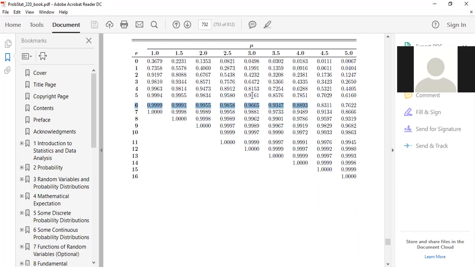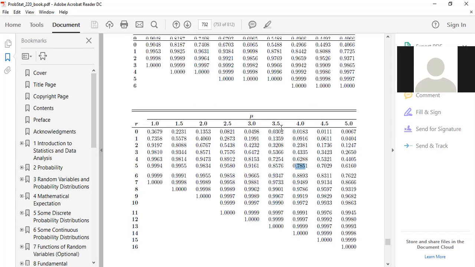Now r equal to 5 and here it is 4: 0.7851. So 0.8893 minus 0.7851 will give you the answer 0.1042. So that is the probability that 6 particles enter the counter in a given millisecond. That is this part minus this part. So that's how you can solve the example.